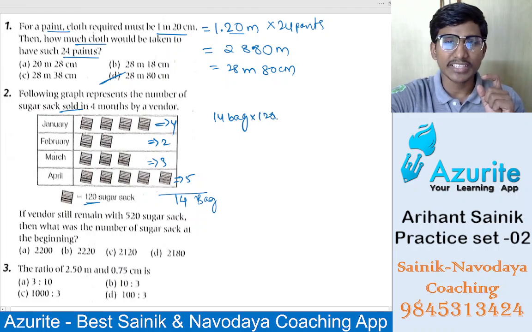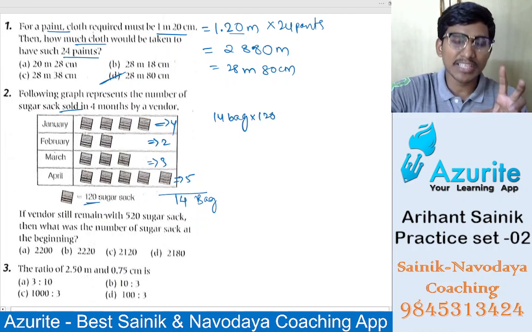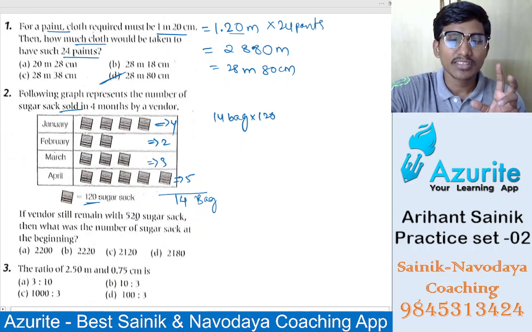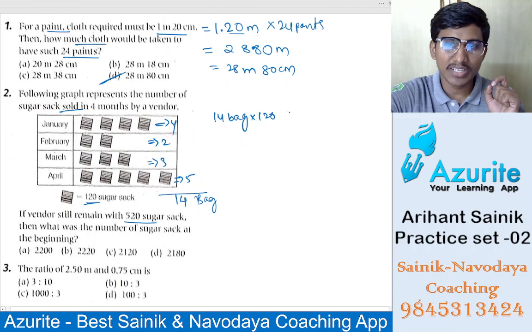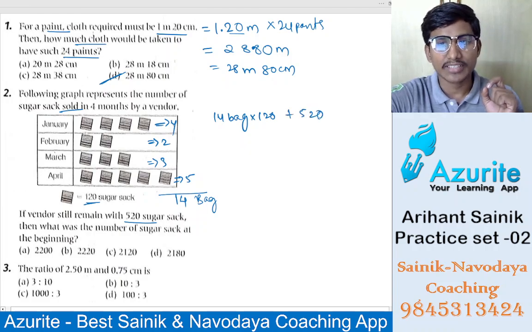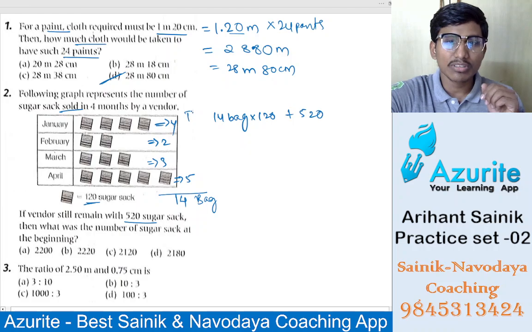14 into 120, and they are telling us there remain 520 sugar sacks, so plus 520 sugar sacks. So the total will be this.